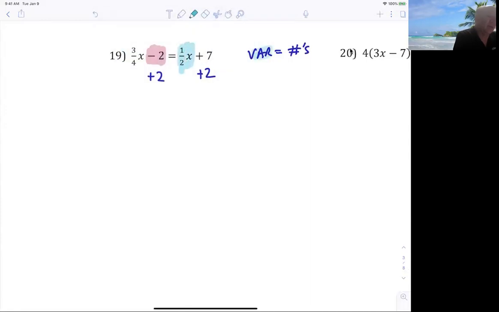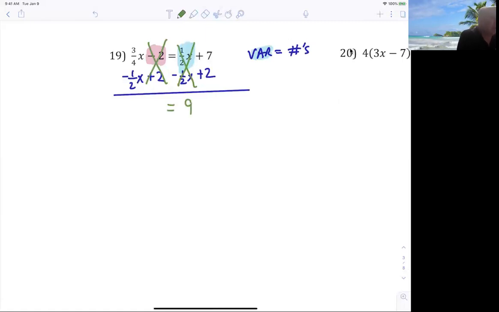Variables go on the left side. So I have to minus 1/2 x on both sides. Now again, the reason why we're doing that is because the negative 2 and the positive 2 cancel. The 1/2 x and the negative 1/2 x cancel. And now 7 plus 2 is 9.